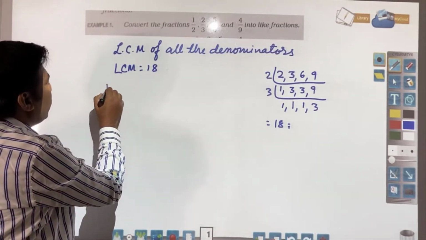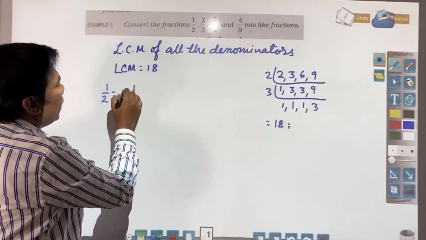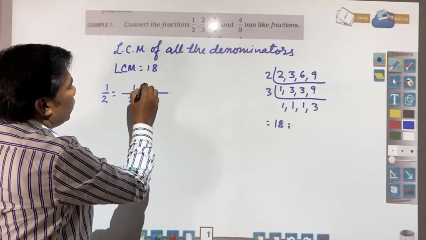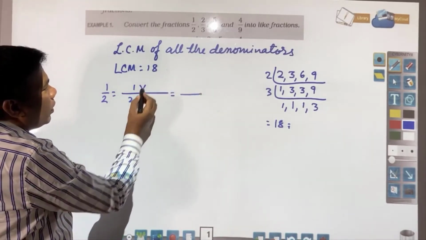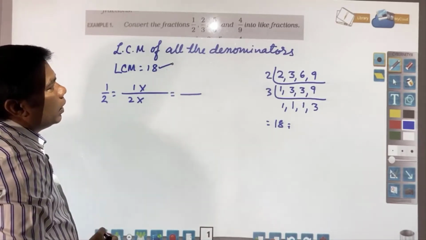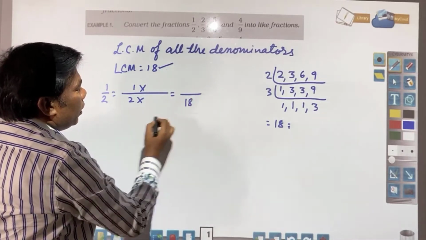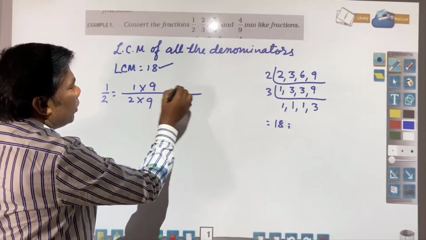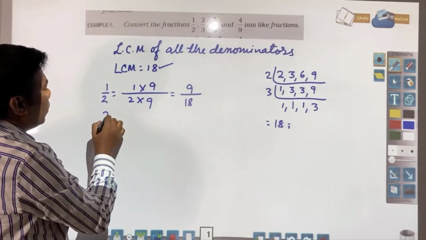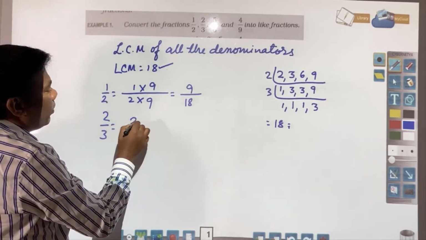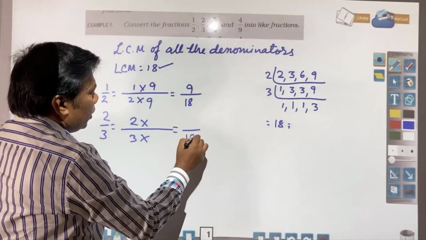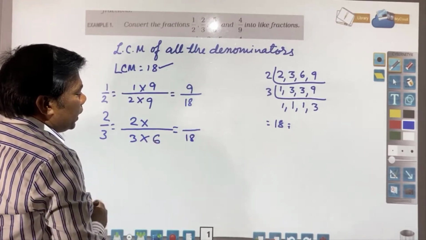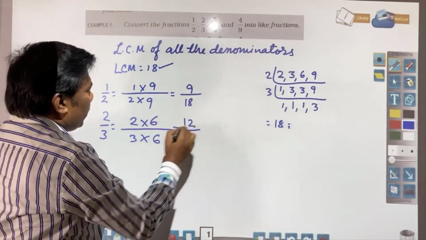Suppose you have 1 by 2, that can be written as 1 by 2 into 9, because the denominator is required to be converted to 18, the LCM. 2 nines are 18, so this will be 9 by 18. Then you have 2 by 3, which can be converted again to denominator 18. 3 sixes are 18, so 12 by 18.